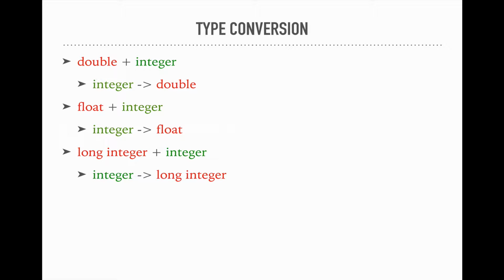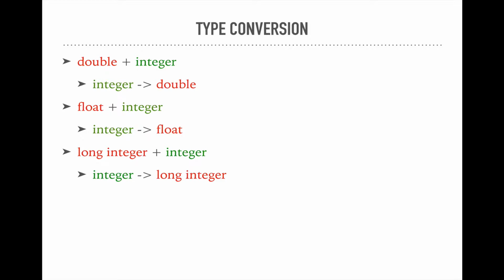Now, I want to talk about type conversion. When we do an arithmetic operation on two or more variables, if their data types don't match, they need to be converted. The conversion occurs in this order: double, float, and long integer. So for example, if one of the variables is double, other variables in the operation need to be converted to double.